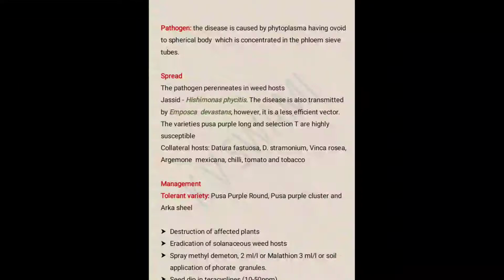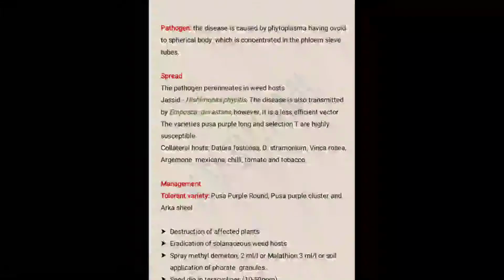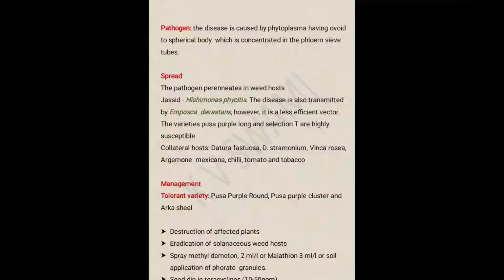The pathogen perennates in weed host and jassid. The disease is also transmitted by Empoasca devastans. However, it is a less efficient vector.